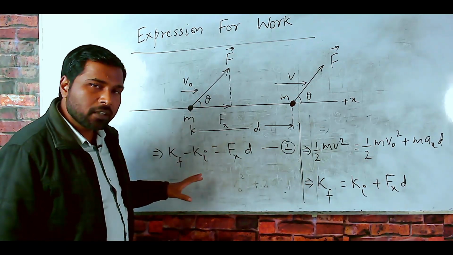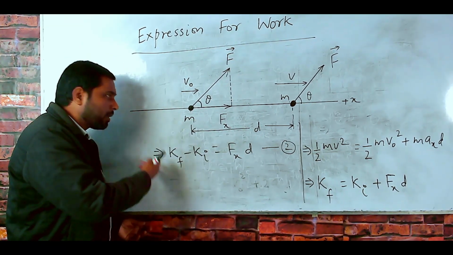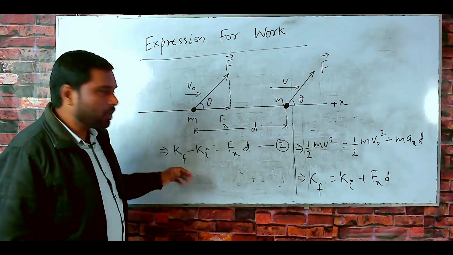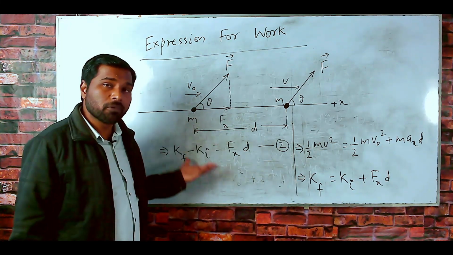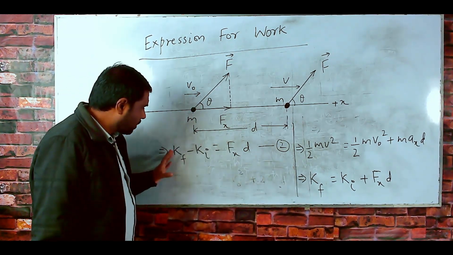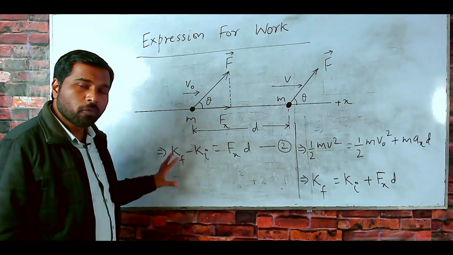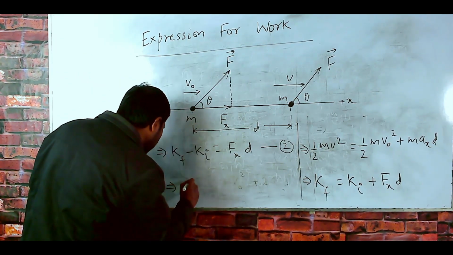Now the left hand side of equation 2 is the increase in kinetic energy of this bead. This increase of kinetic energy can be only due to the energy transferred to the bead by the force. So we can replace the left hand side of this equation 2 by the work done by the force. So let us replace this.